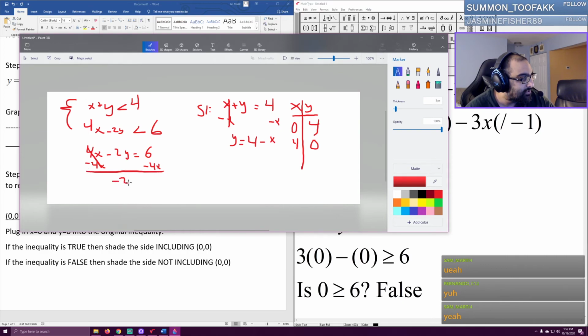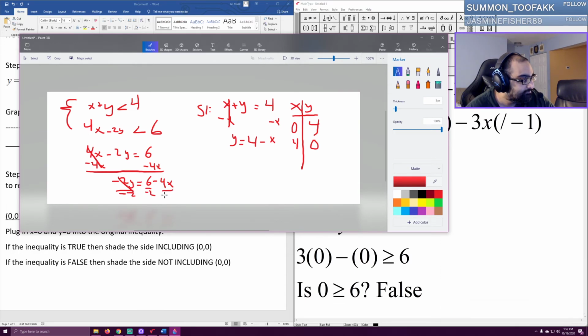So we'll have negative 2y equals 6 minus 4x. And then we'll divide by negative 2. Okay, so we're going to get y is equal to negative 3 plus 2x.